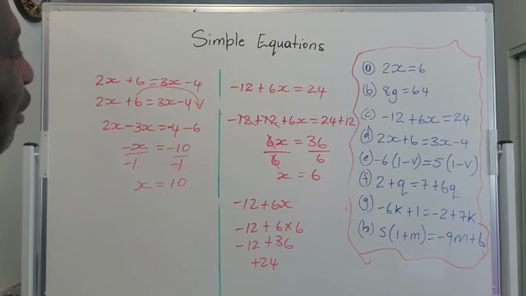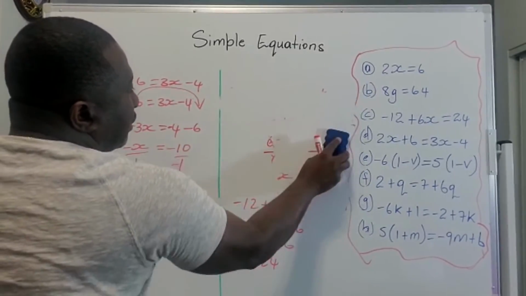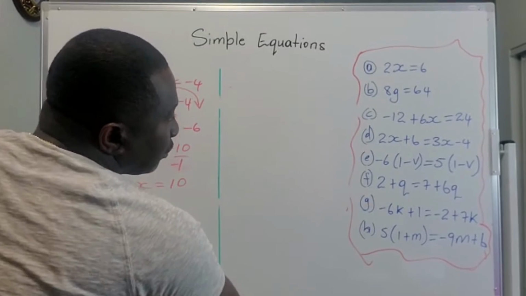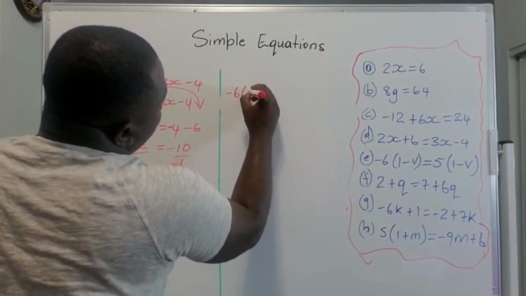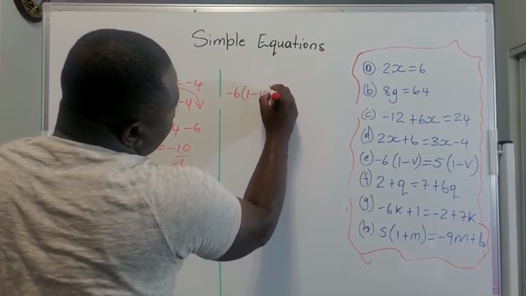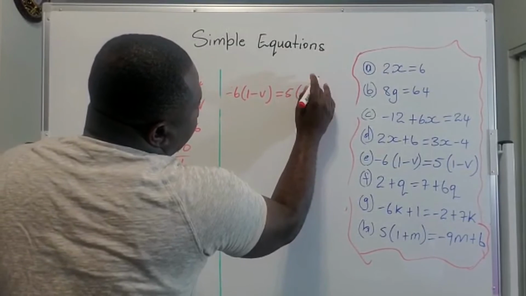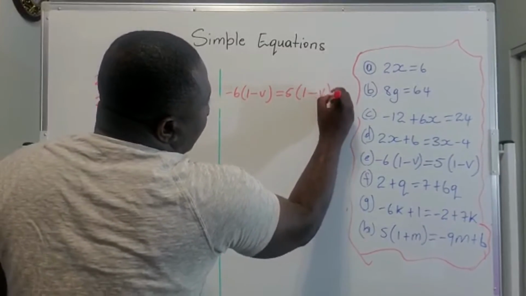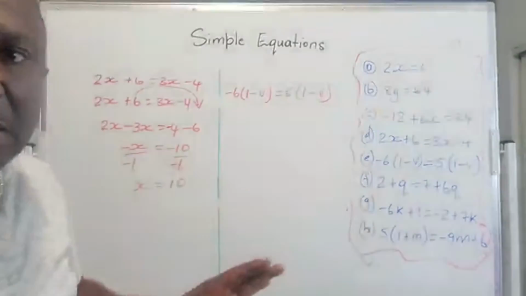Now, next problem involves a bracket. So, negative 6, open bracket 1, take v equals 5, positive 1 minus v. So first, guys, our objective is to get rid of these brackets.